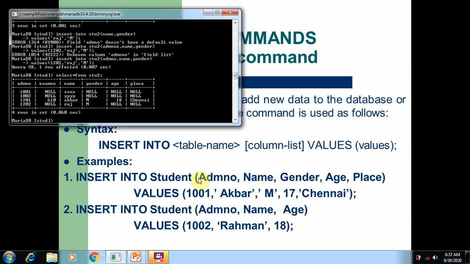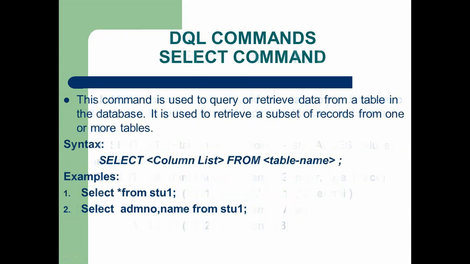Next topic is how to use the select command. Of course we already used the select command to view the table data. So if you want to view particular columns from the table, see here in the example, select, you should not use this asterisk. Asterisk means all columns. Here you can use the column names which you want to view from the table. So admin number, name, stu1.